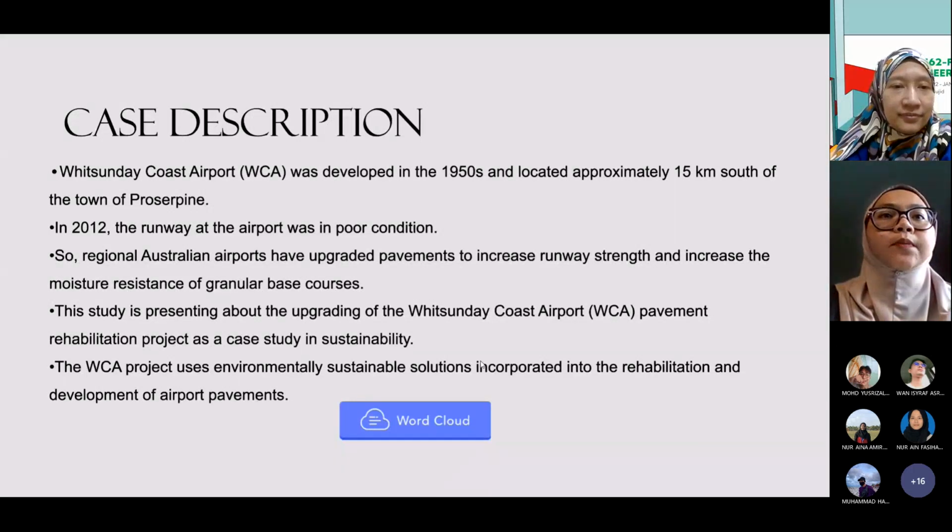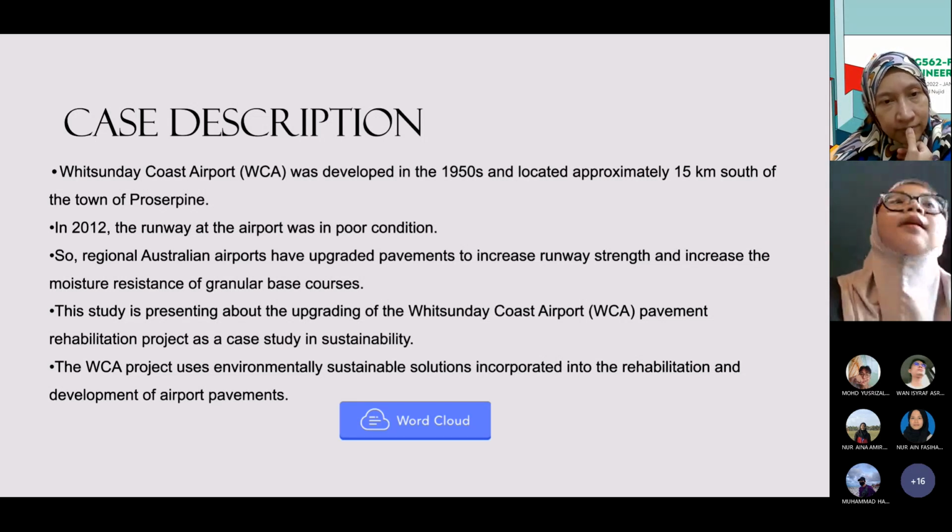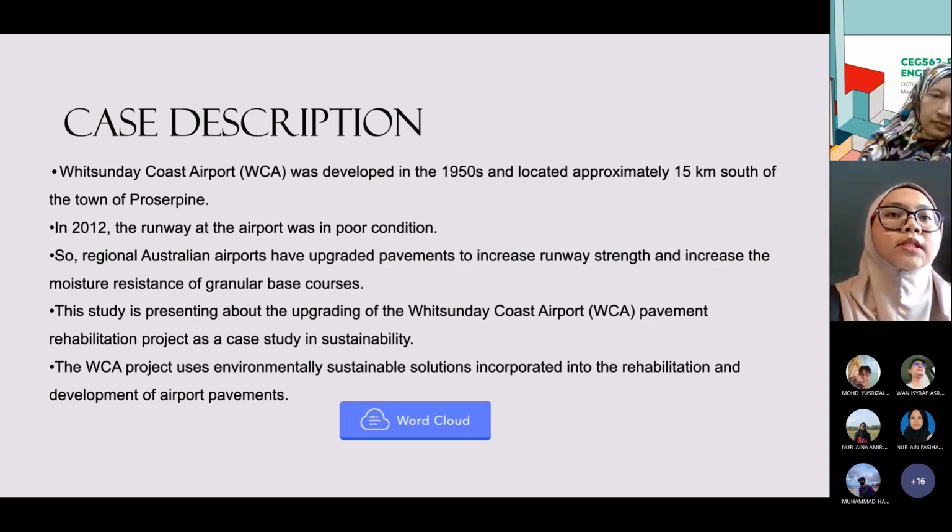Whitsunday Coast Airport, WCA, was developed in the 1950s and located approximately 15 kilometers south of the town of Brisbane. In 2012, the runway at the airport was in poor condition, so Regional Australian Airport upgraded the pavement to increase runway strength and increase the moisture resistance of granular base courses.